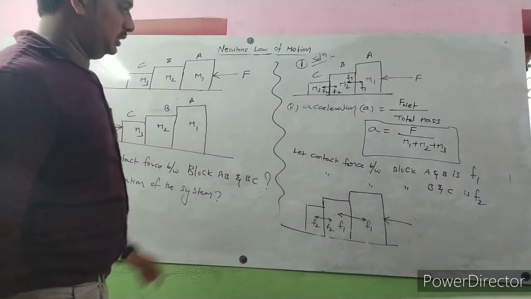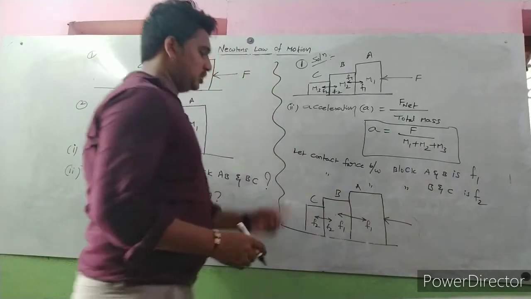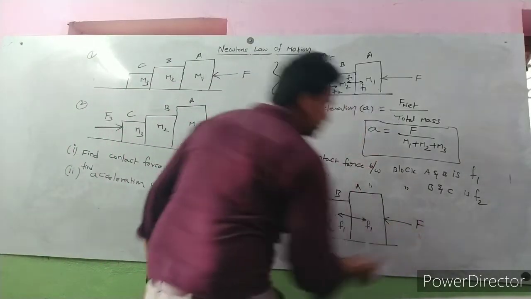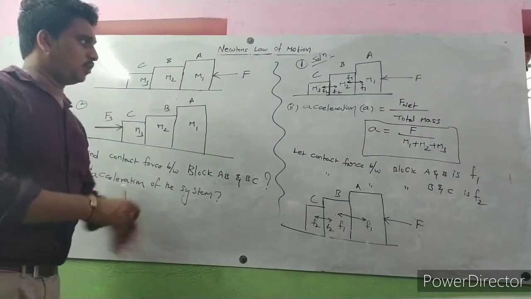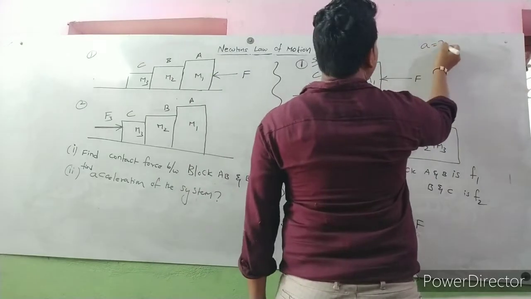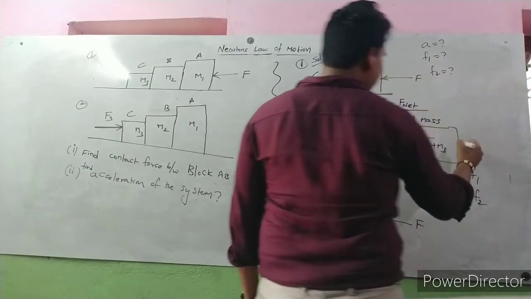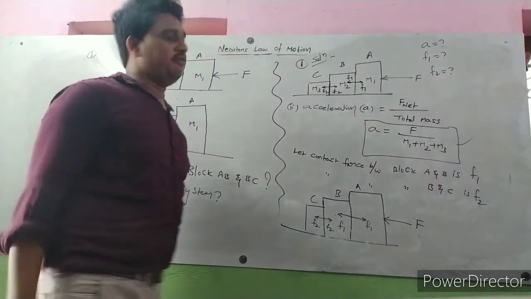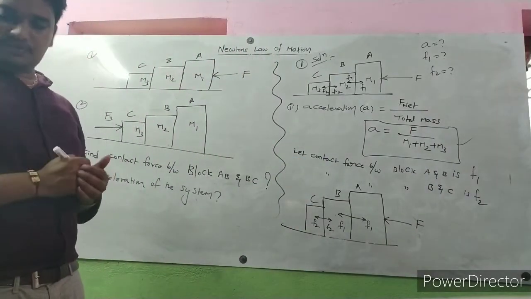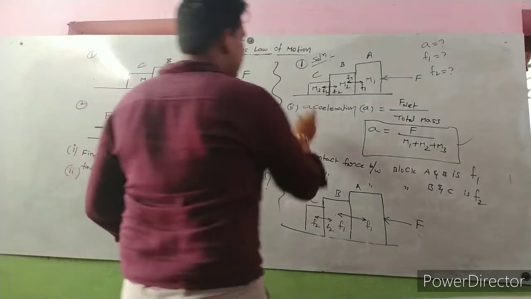So this is block A, B, C. First of all, note this down. Now I am going to solve this problem. We already got A. Now we need to find F1 and F2.